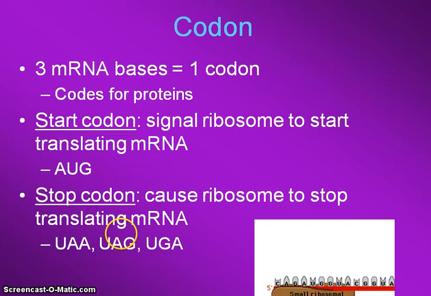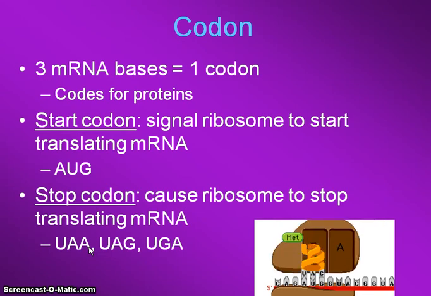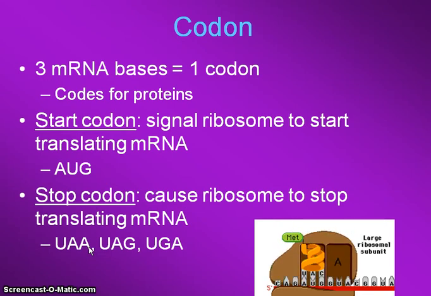The stop codon, there are actually 3 of, and it could be UAA, UAG, or UGA all in a row, and that would signal that the protein is finished and it's time to stop translating the mRNA, and the protein can be released wherever it's needed to go in the body.